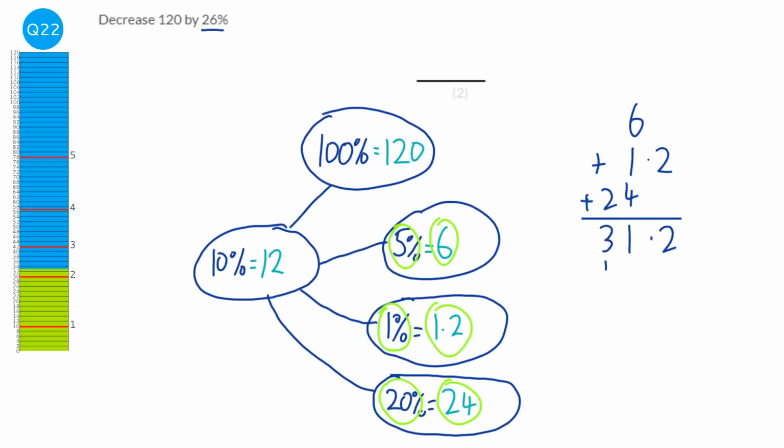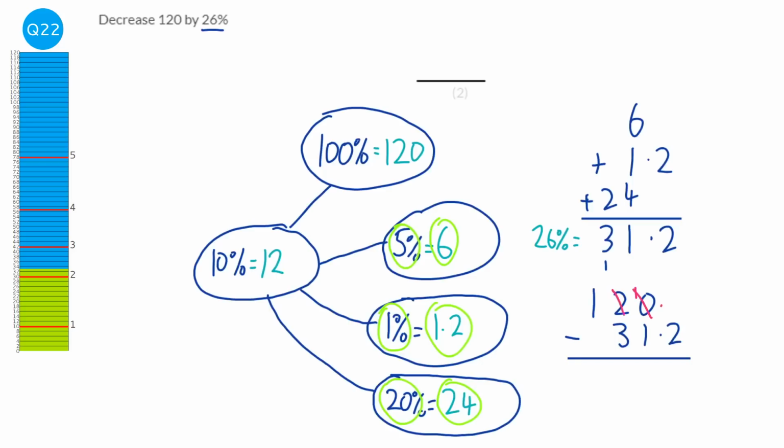Now, it says to decrease it by 26%. So 26% is 31.2. So we need to subtract that. So we're going to do 120 take away 31.2. So I need to borrow 1 from the 2 to make that a 10.